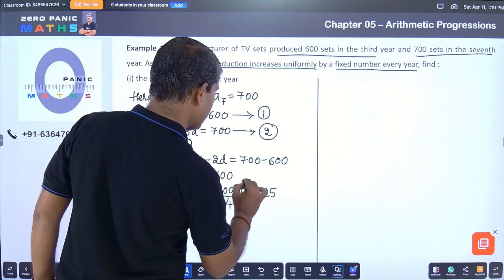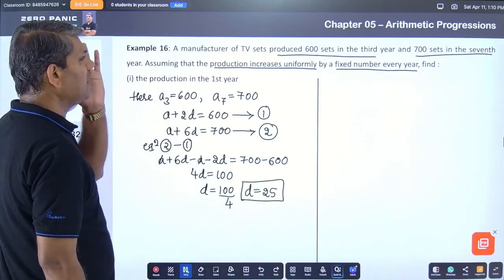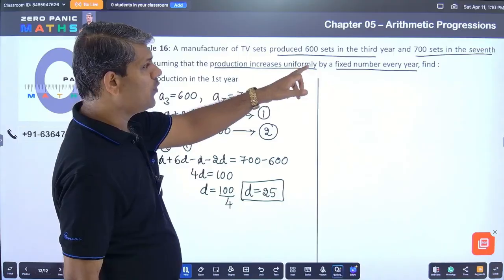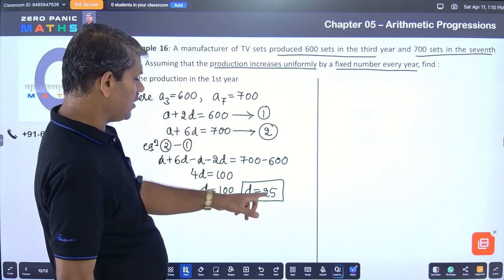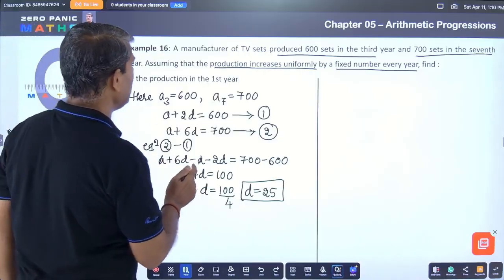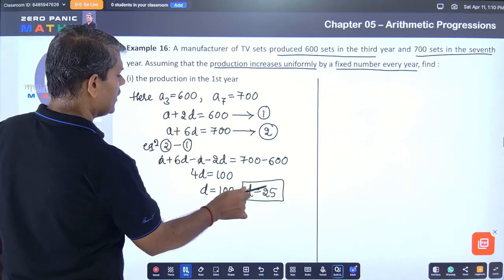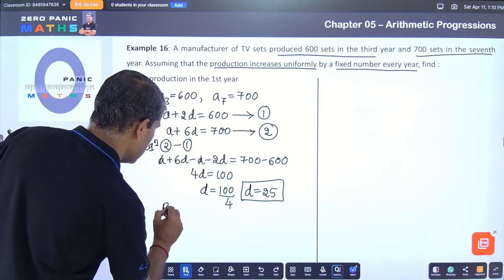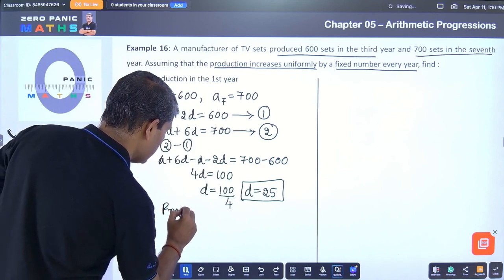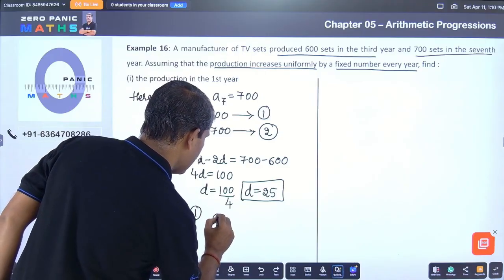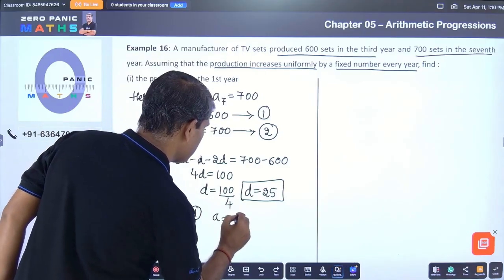So that fixed increment every year, the production increases uniformly by a fixed number. What is that fixed number? It is 25. Every year a 25 increment will happen. Now substitute this value of d in equation 1 to get the value of A. From 1, A is equal to 600 minus 2d.